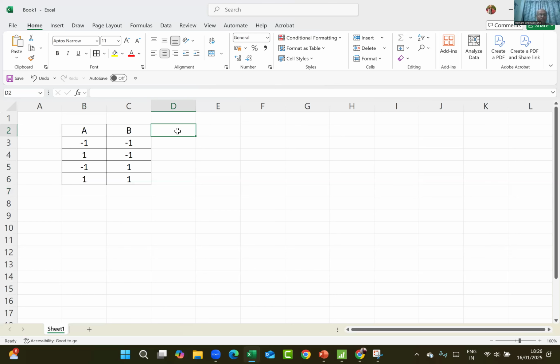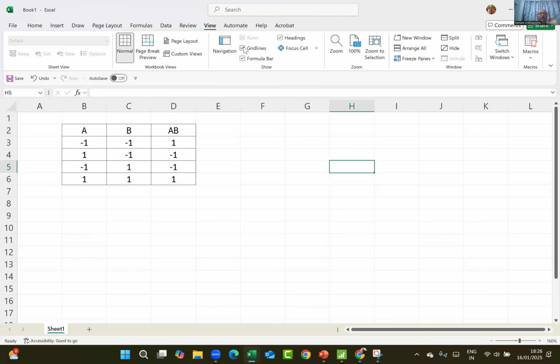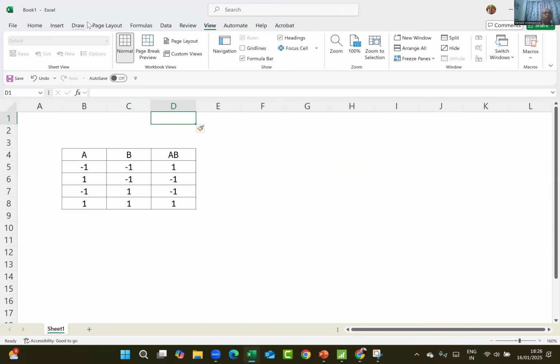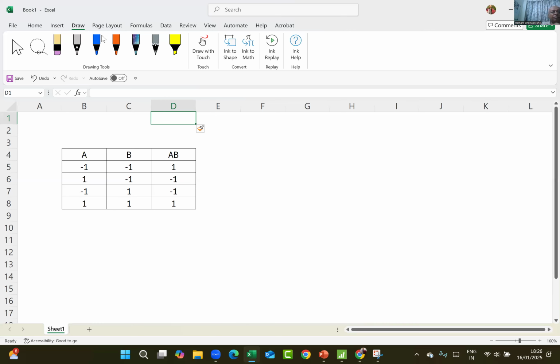Now, if I add a column AB here, I can multiply the two column signs to get the AB sign. So I have this AB sign also. Now this was the design that was a 2 to the power 2 design. So I'll call this 2 raised to 2 design.